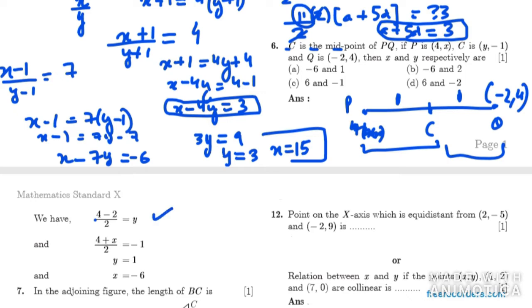So we get two values, and when you solve this you get the value for y as well as for x. So x is minus 6 and y is 1. So the right option is minus 6 and 1.